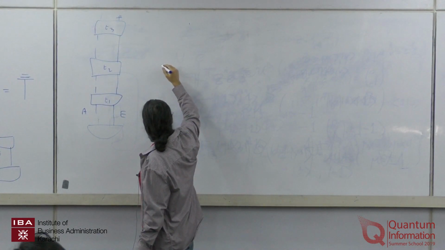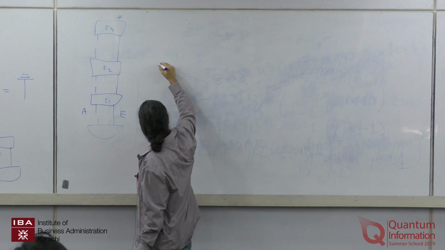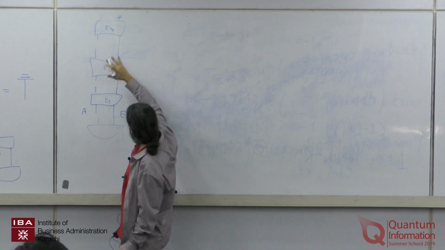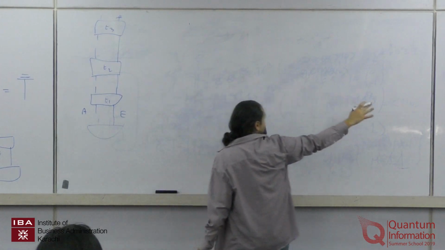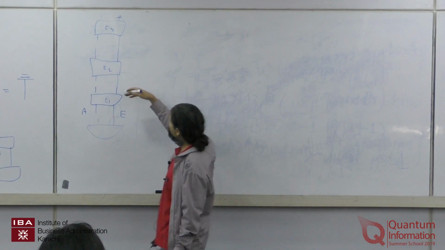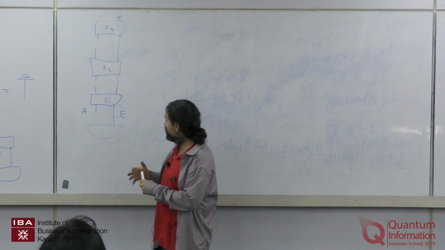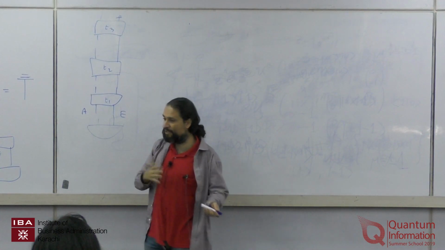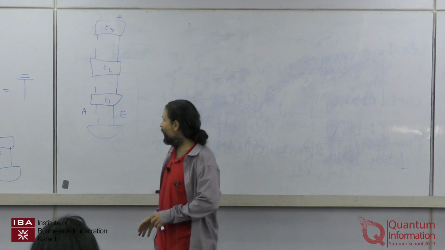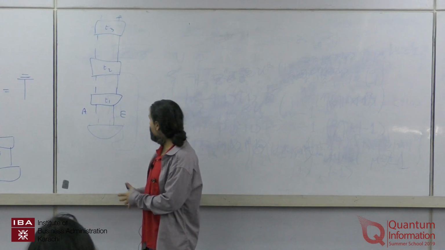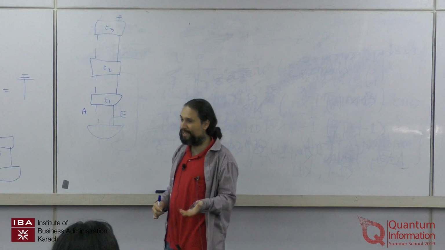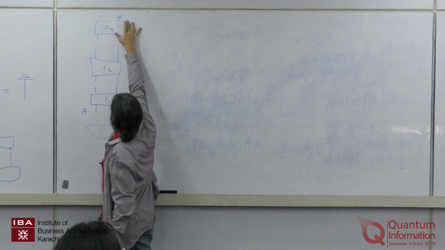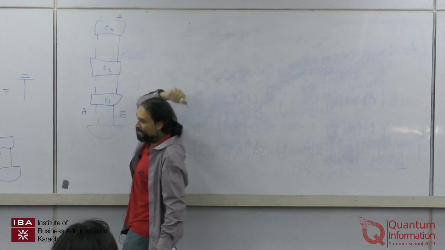So let's first look at what we'll have to do for this trace. This is the standard operator form. Now to define this trace, one way to do it is to introduce the Choi representation that I described yesterday, where instead of talking about a map, you talk about a state. And then when you say I take a trace of something, you take the partial trace as we saw earlier.